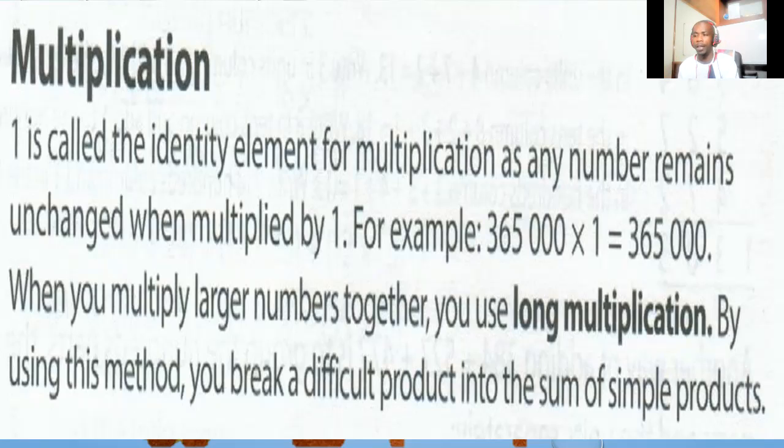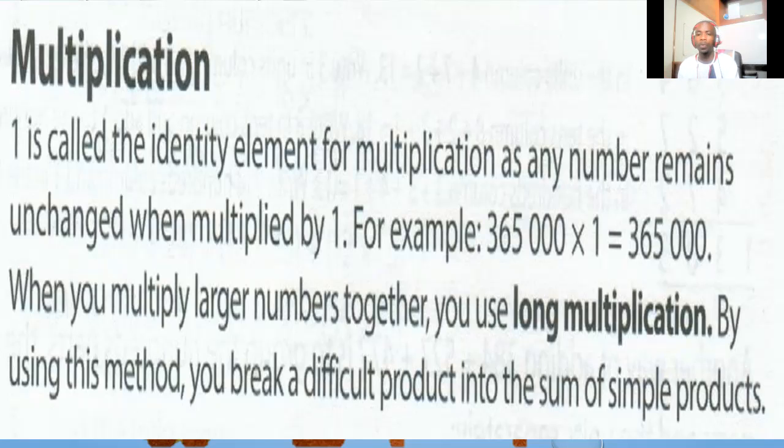Any whole number. Here we are given an example of 365,000. If it is multiplied by 1, it remains 365,000. If it's 1 million, it remains 1 million. If it is 250,000, it remains 250,000.